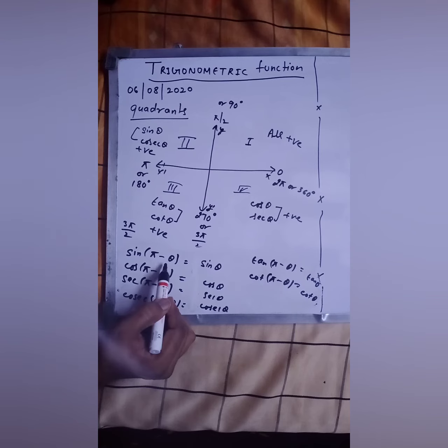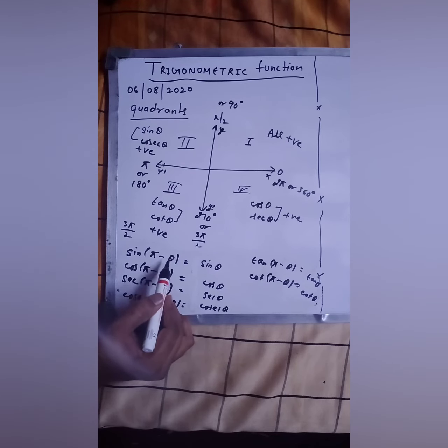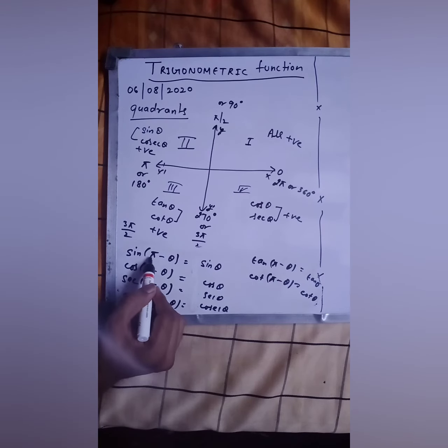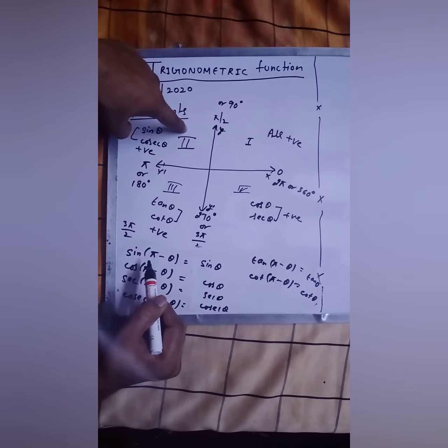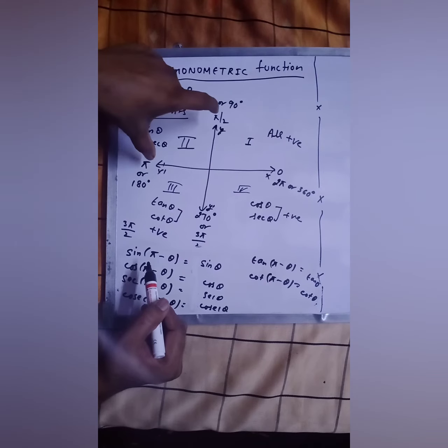Are you getting my points or not? I'm repeating again. See, here it is sine of pi minus theta. The value of theta lies between 0 and 90. So if you subtract any value lying between 0 and 90 from 180, it will lie in the second quadrant, because in the second quadrant the value lies between 90 and 180.